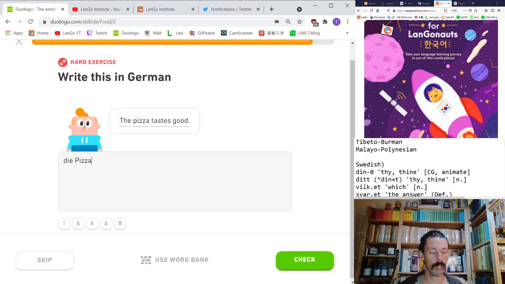Die Pizza schmeckt, short vowel there by the way, not like English. What do you feel? I think I get varying reports. Those of you watching, does the vowel of the first syllable of English pizza feel long? Is that an open syllable? Is the breakdown pee as one syllable and then za?